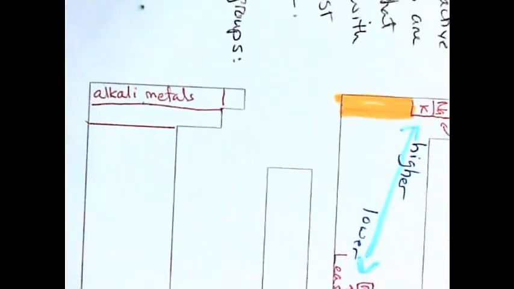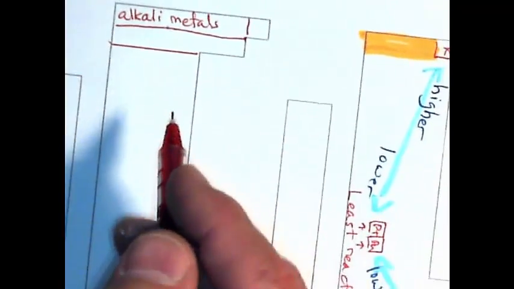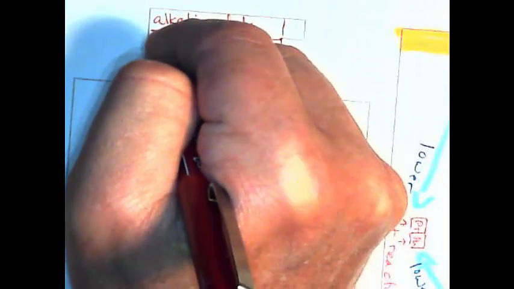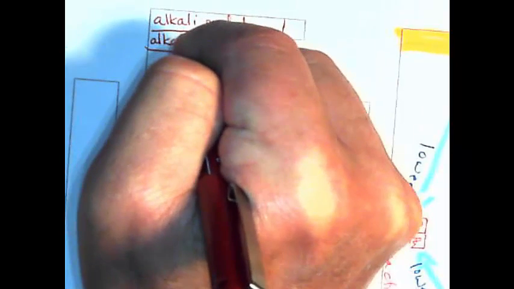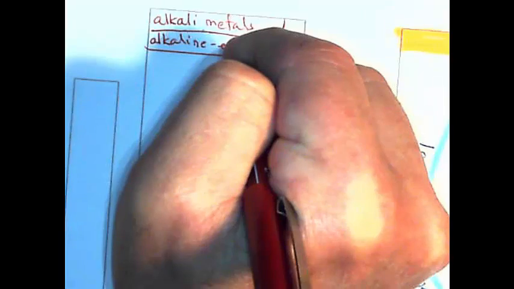And this next column, the entire family or group here, this is called the alkaline earth metals.